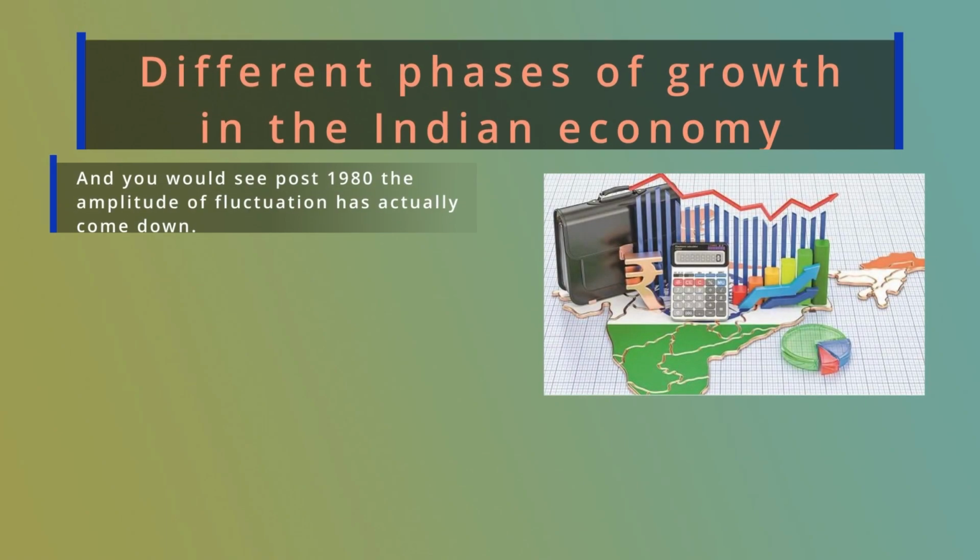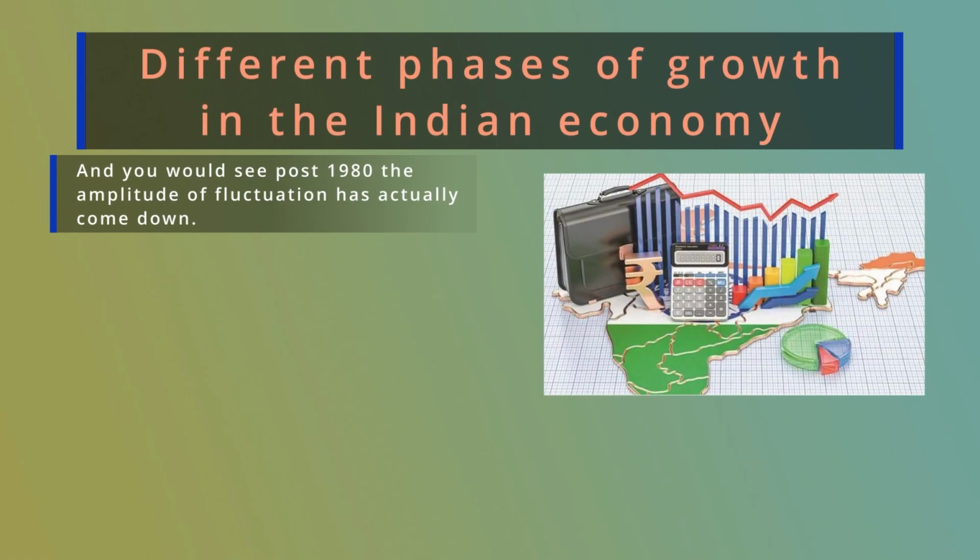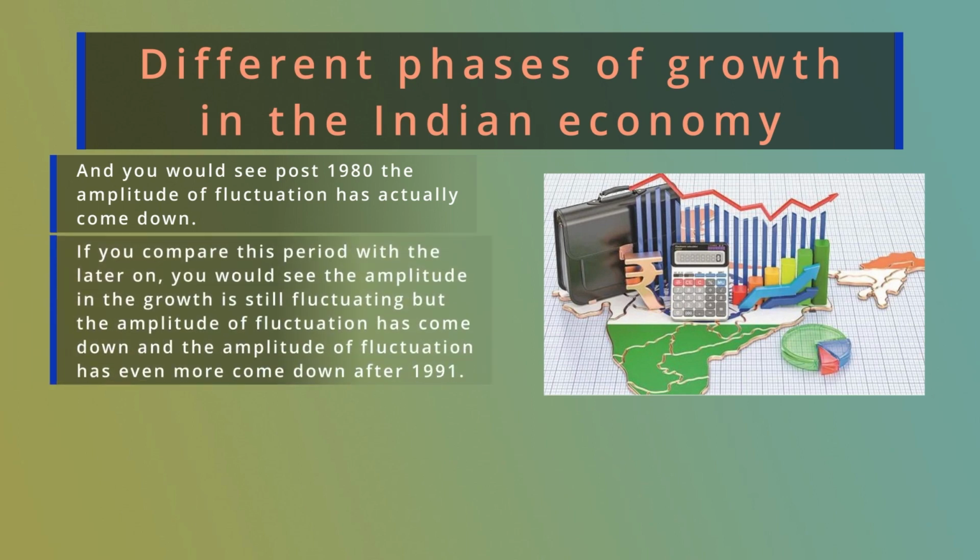And you would see that post-1980, the amplitude of fluctuation has actually come down. If you compare this period with the later one, the growth is still fluctuating, but the amplitude of fluctuation has come down, and it has come down even more after 1991.